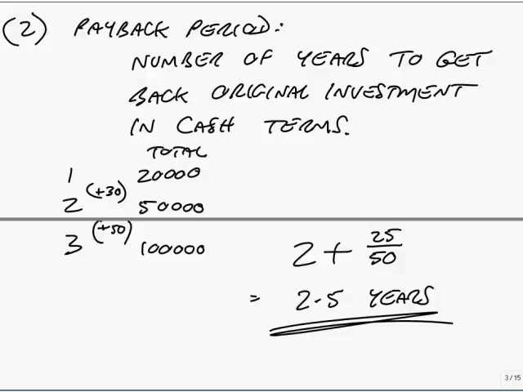Yeah? But be very careful. I'm coming to discounted payback period in a minute. But payback period itself, how many years to get back 75? Well, it's taking 2.5 years. Everybody?